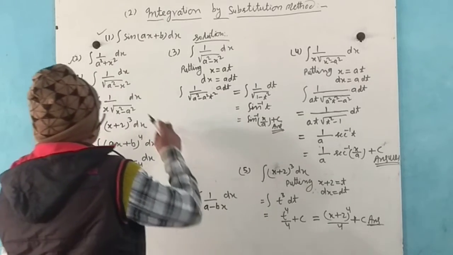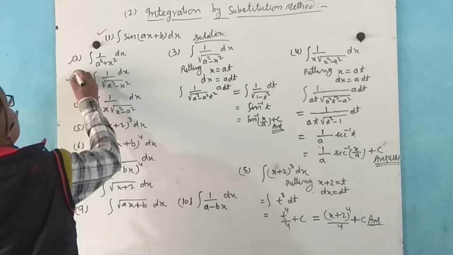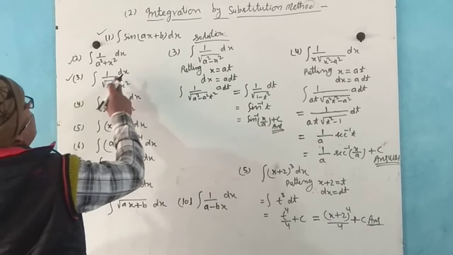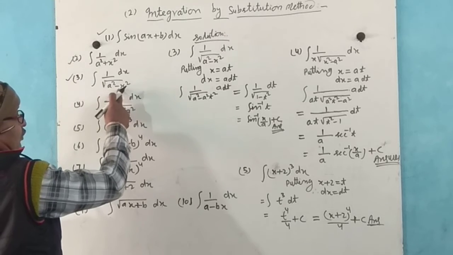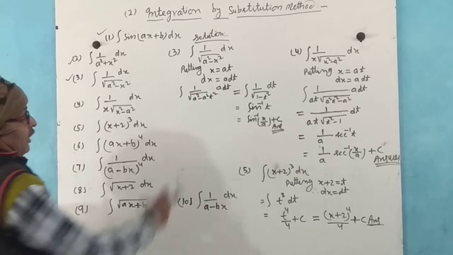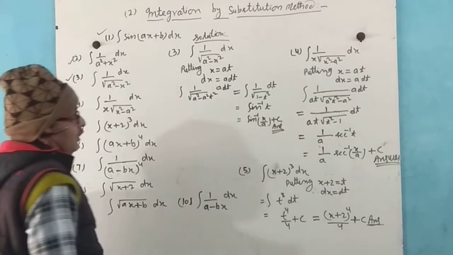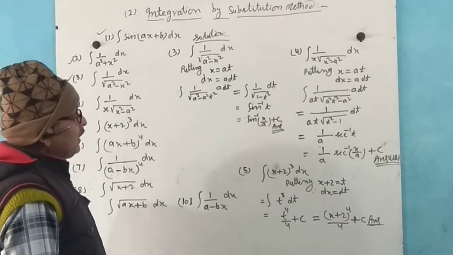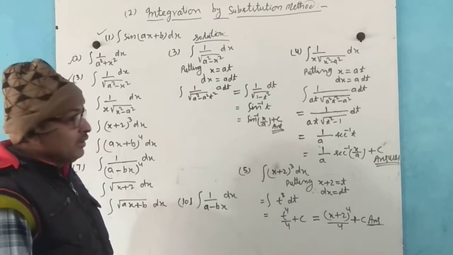Now question number 3: integration of 1 by under root a square minus x square dx. We substitute here.